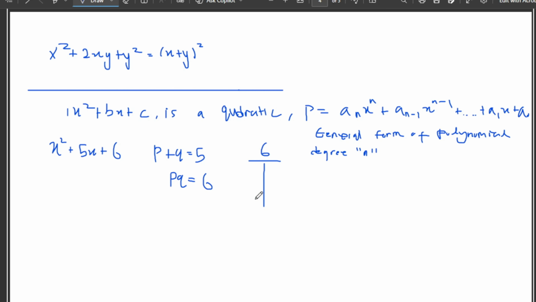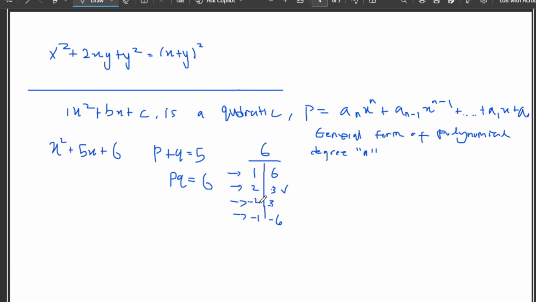So 6 has 1 times 6, right? And also 2 times 3, negative 2 times negative 3, and negative 1 times negative 6. These are all the possible multiplications of 6 in the integers. So we need to find which one adds to positive 5. 1 plus 6 is 7, 2 plus 3 is 5, so this is correct.